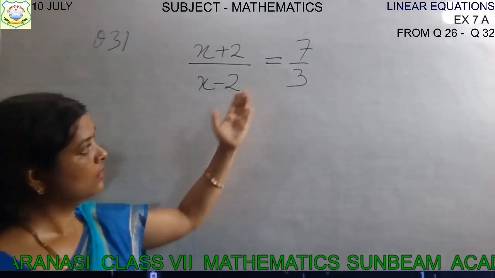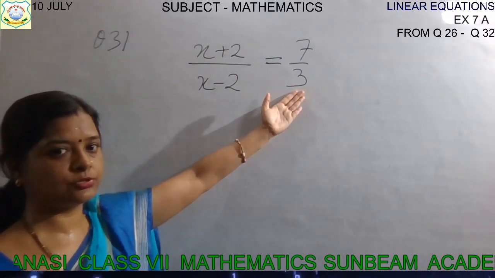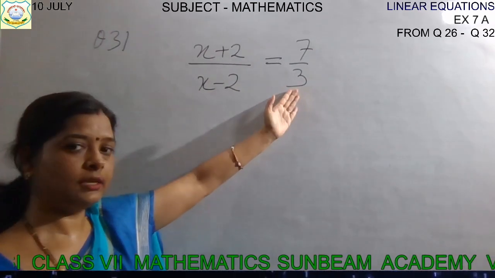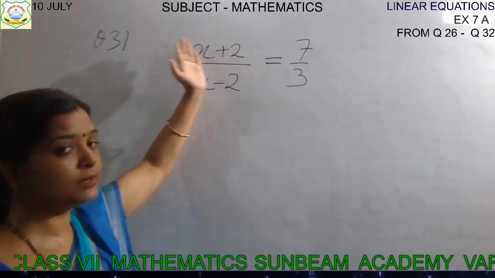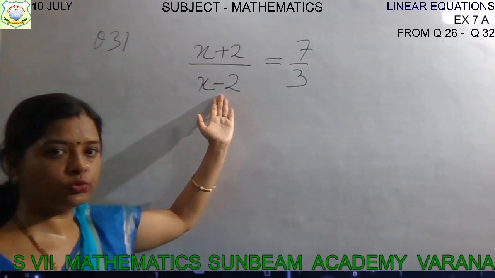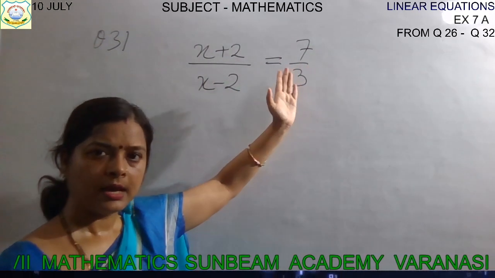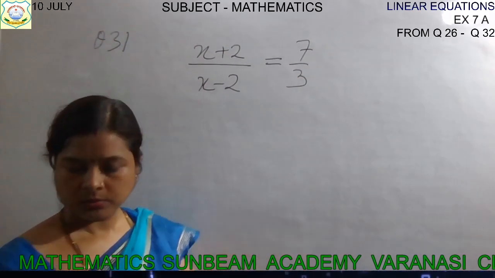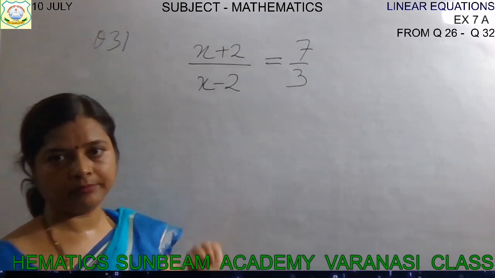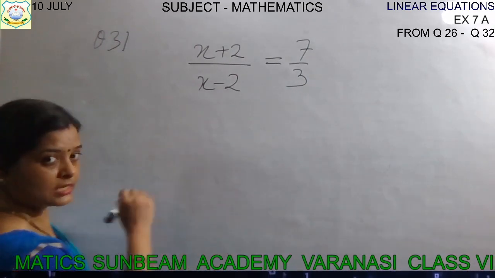Like 3 is the denominator here, so when 3 is transposed to the other side, to the LHS, it is in the denominator, it will go to the numerator and it will be multiplying it here. Same, x minus 2 when transposed to the other side, x minus 2 will go to that side and then it will multiply with that. So let's transpose it.